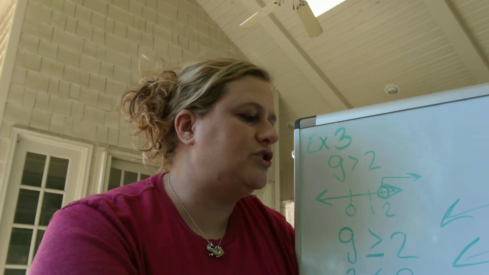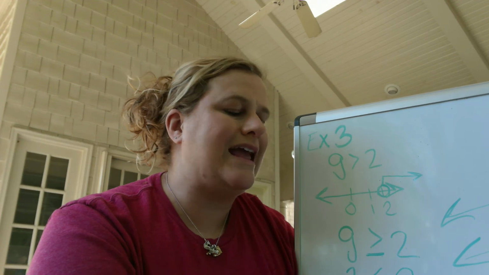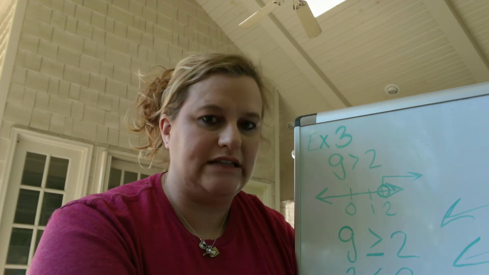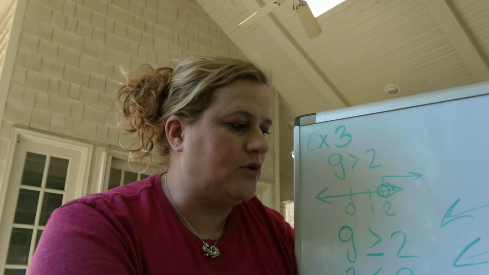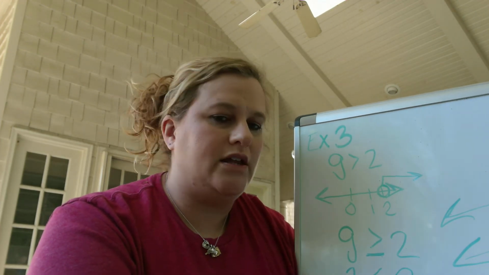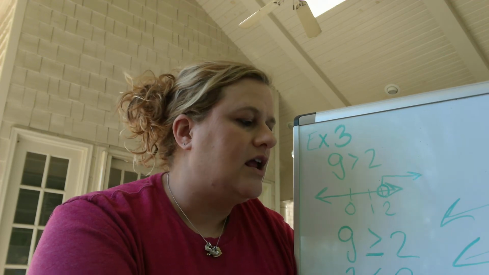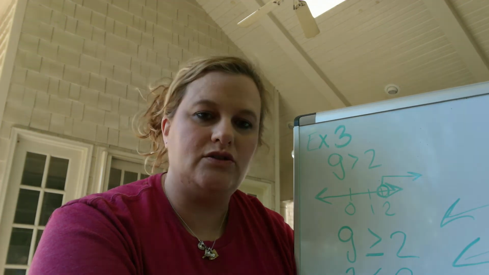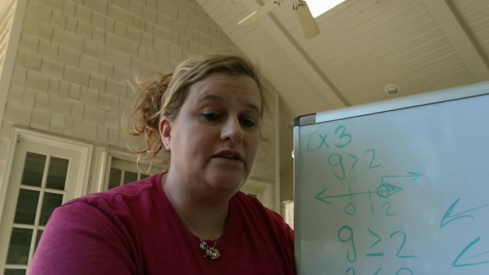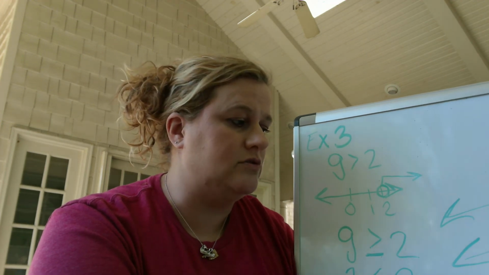On 22 and 24, you're going to write an inequality and a word sentence that represents that graph. So we'll do 21 as an example. 21, which is not part of your assignment, just an example, has a number line and it has an open circle at 1. So that tells me that it's going to be either a greater than or less than, but not equal to, because it's an open circle.